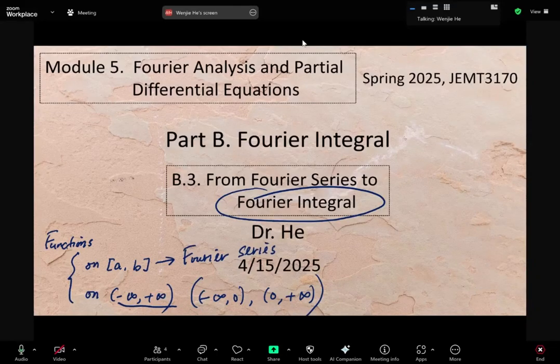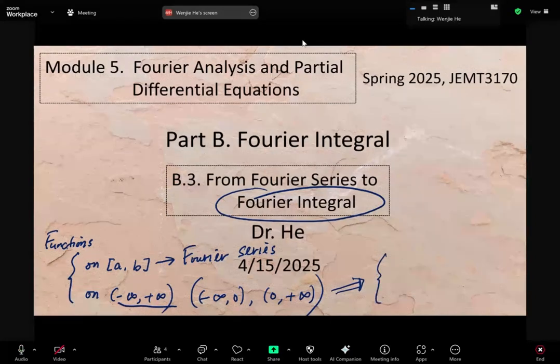Then on the infinite interval, we need to divide it into another level. First, periodic functions.